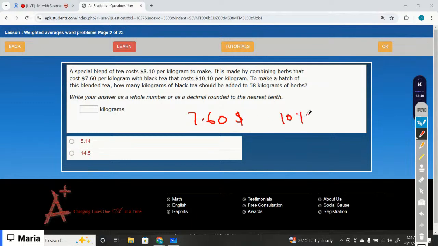You have $8.10 and you have to calculate the x.